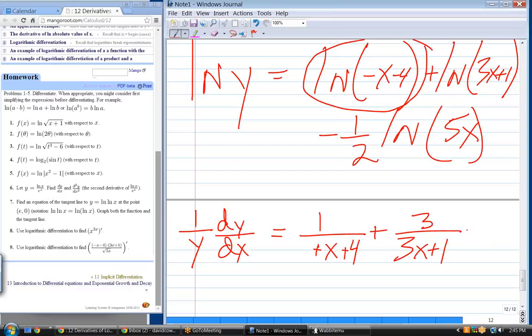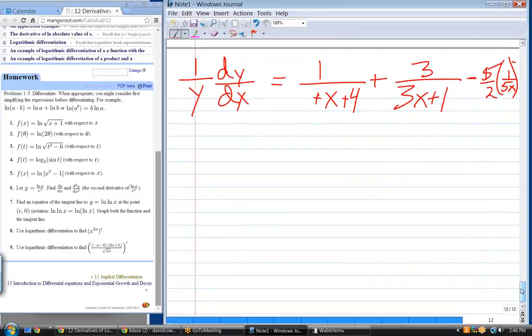And finally, the derivative of the last part, step by step. 1 over 5x, and the derivative of the inside is 5. Okay. So now we're down to this step.